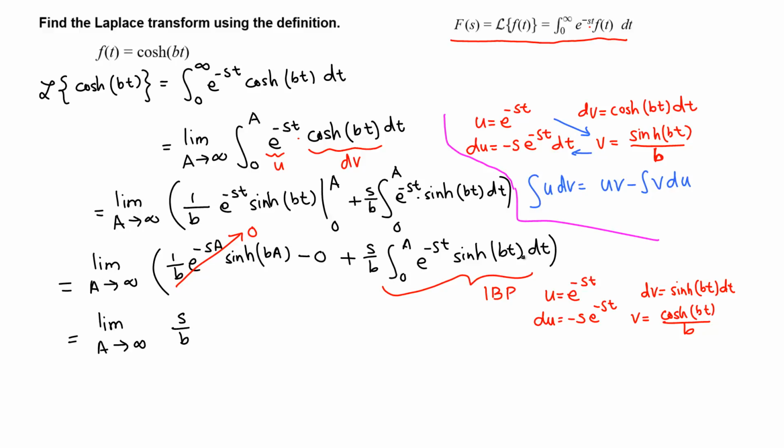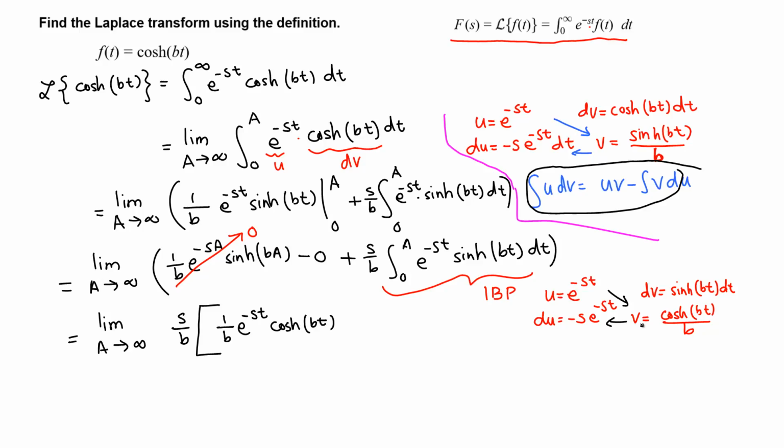And for this integral using this formula again, uv minus the integral of v du, we have s over b and inside uv, let's multiply these two, so that's 1 over b e raised to negative st cosh bt.